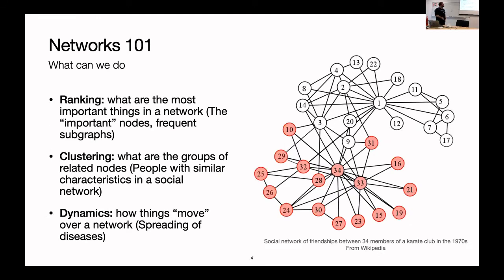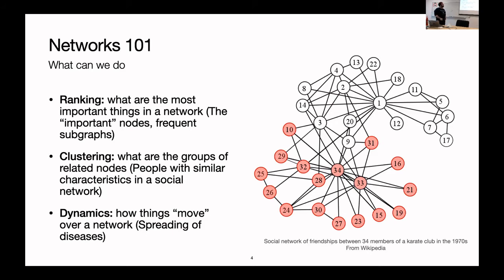So what can we do with networks? For example, we can be interested in understanding what the most important things in a network are. We can look at node centralities or rank nodes based on their importance, and we have lots of different definitions of importance for nodes. For example, we can be interested in understanding who the influencers in a social network are, or in evaluating frequent subgraphs in a network, maybe subgraphs that have some functionality.